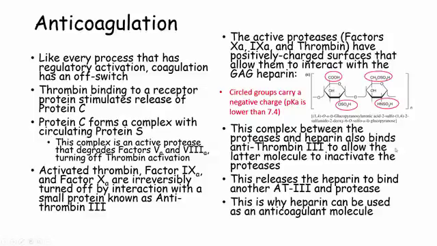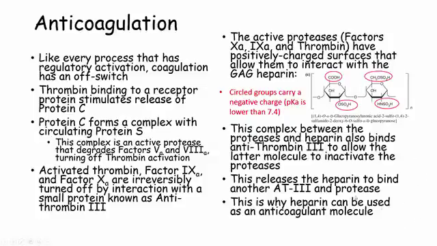Antithrombin 3 also has a positively charged surface, so it interacts in a complementary way. In other words, the positive charges are just in the right place to interact with the negative charges in the heparin, so that all 3 molecules are held together, and the heparin serves as a scaffold to hold the antithrombin 3 and the active proteases together, allowing the antithrombin to turn off the activated proteases.